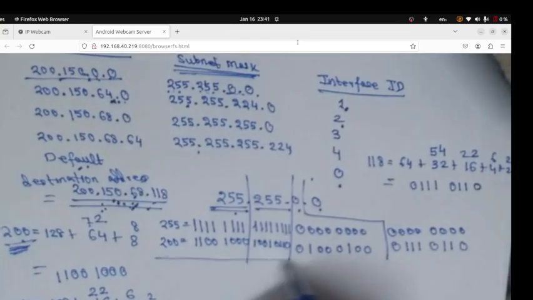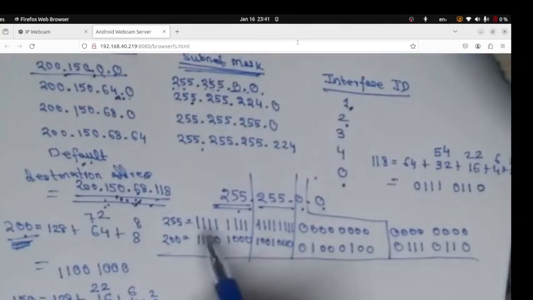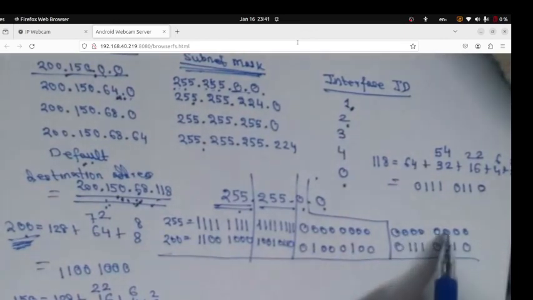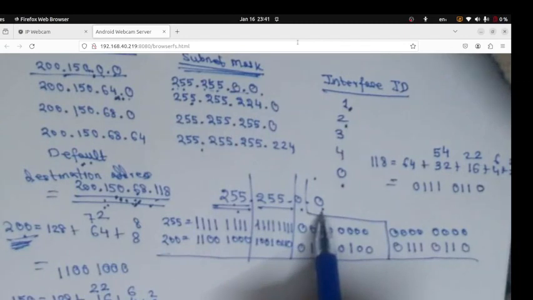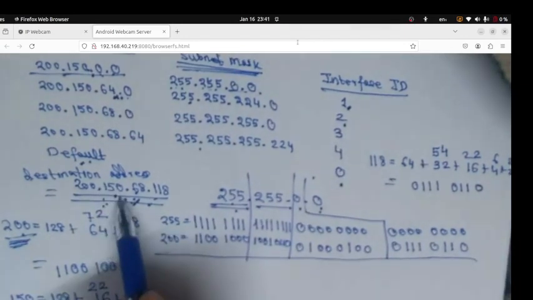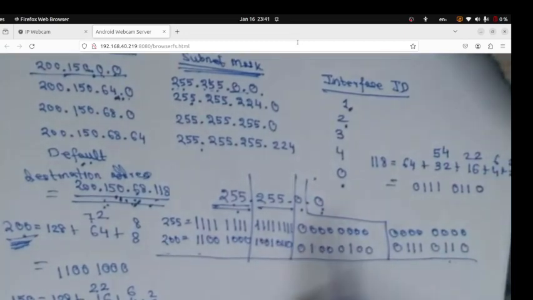So that is a binary 32-bit pattern. This is the pattern for the mask, which is represented here in dotted decimal notation, and the destination address's 32-bit binary equivalent is given here. Now we will do the bitwise AND operation.